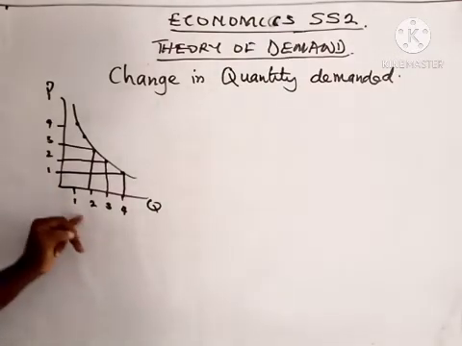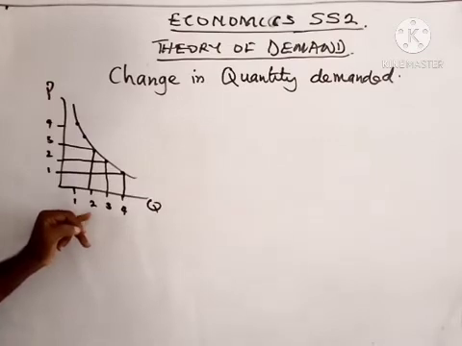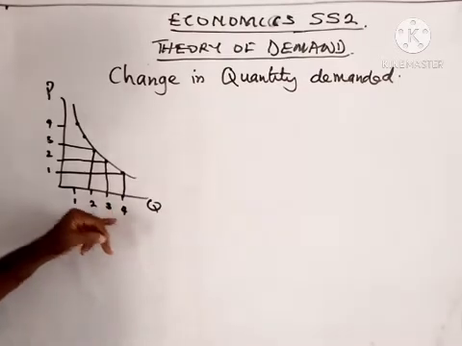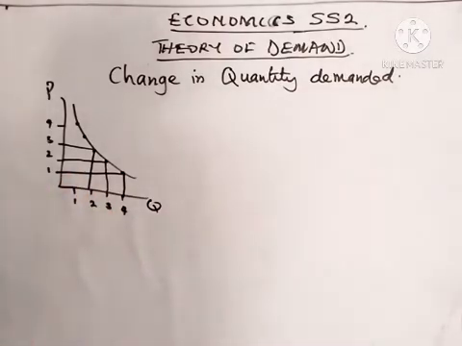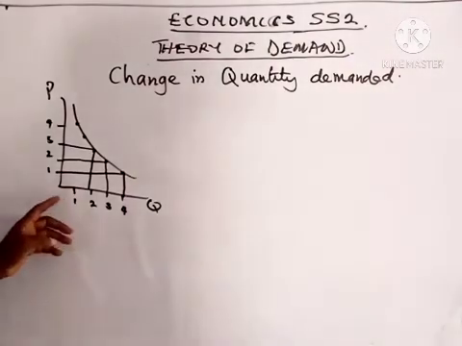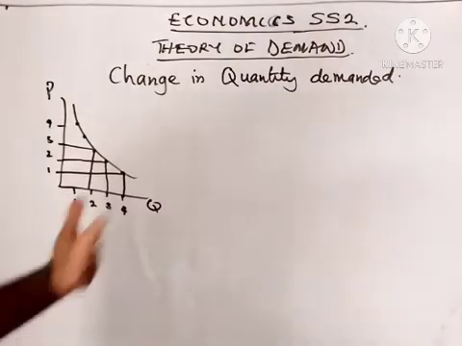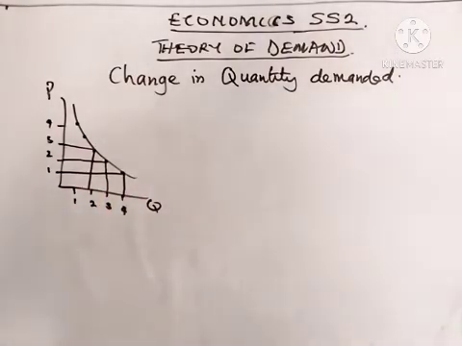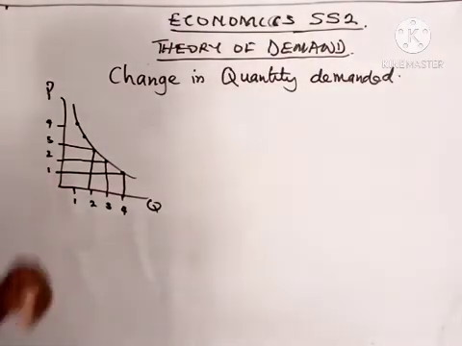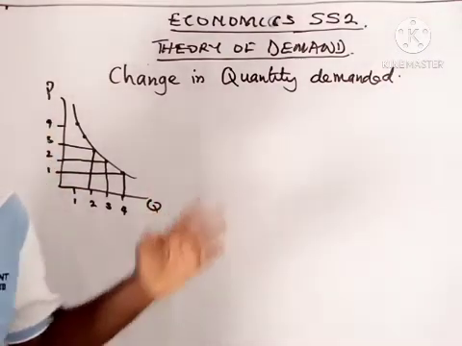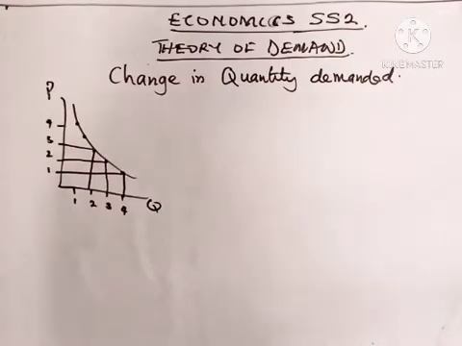But that does not mean that you are changing your consignment or the commodity. All you are doing is reducing or increasing the quantity of a commodity that you are buying. It can be either an increase or a decrease in quantity demanded as a result of the price. So price determines the change that comes up in quantity demanded.